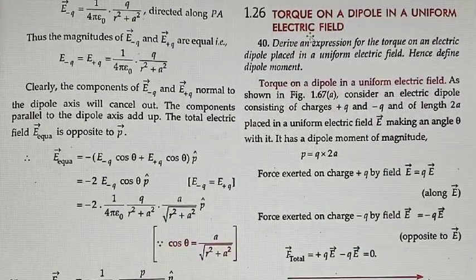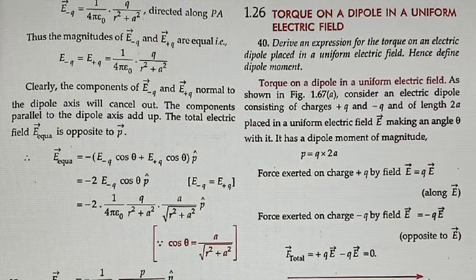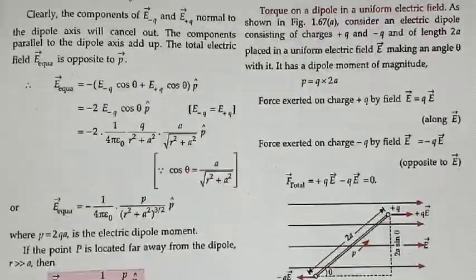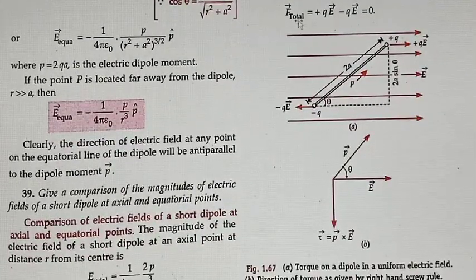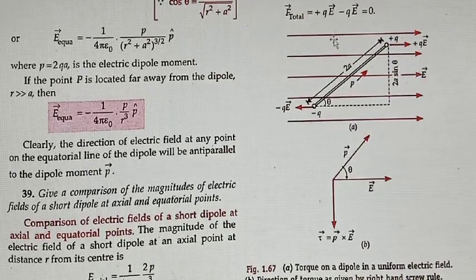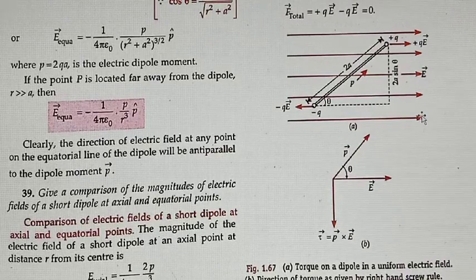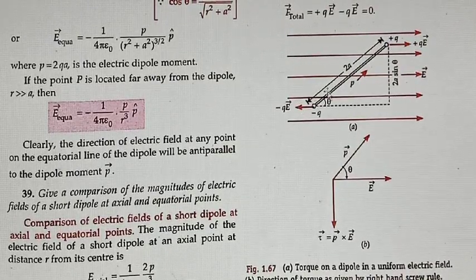Next is torque on a dipole in a uniform electric field. So see this diagram. These parallel lines you can see represent uniform electric field lines. This dipole is placed here in this electric field.